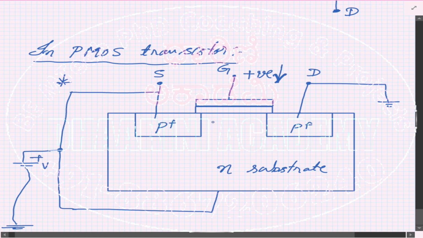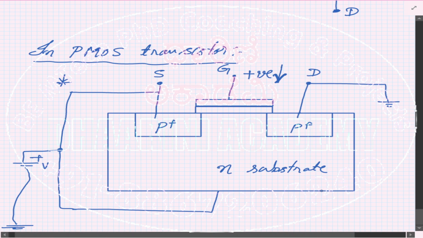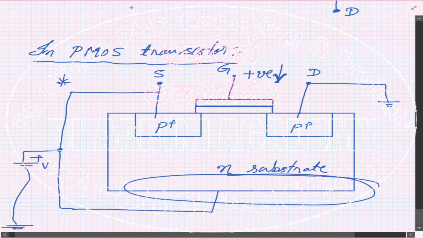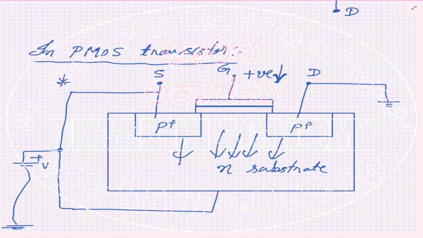So when we are trying to reduce the gate voltage by performing this operation, what exactly happens is, because there is a bigger voltage on the other side, all the electrons will keep moving towards that voltage, because electrons are getting attracted by the bigger positive voltage on the other side of the device.